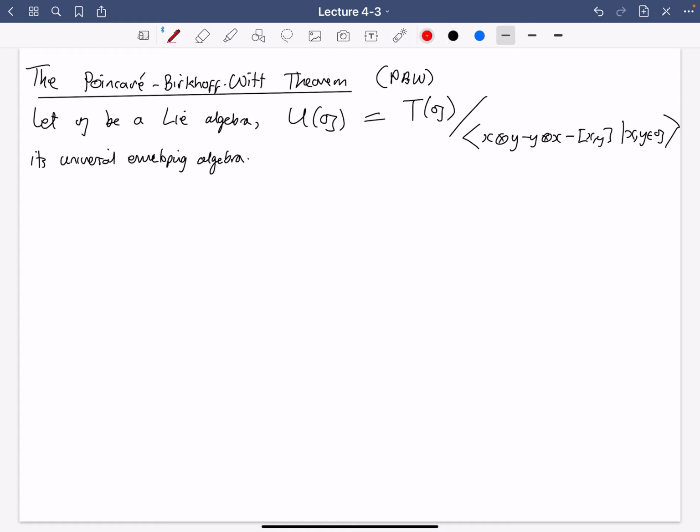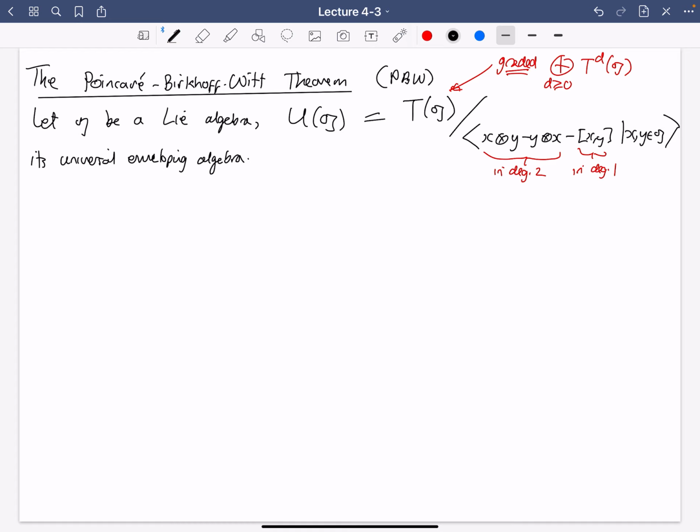And I think you observed already that this was in degree 2, whereas this here is in degree 1. Degree in the sense of the tensor algebra. But the tensor algebra is a graded algebra. It's the direct sum over all degrees of the dth tensor power of G. Okay, so that's the setup.